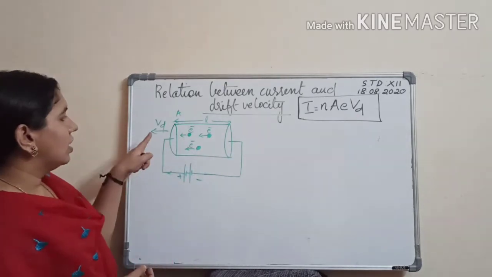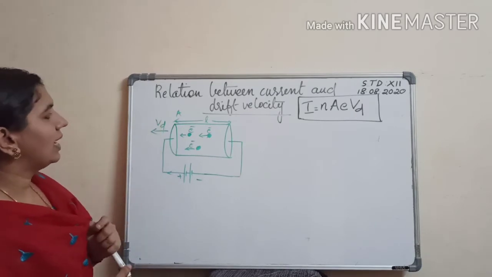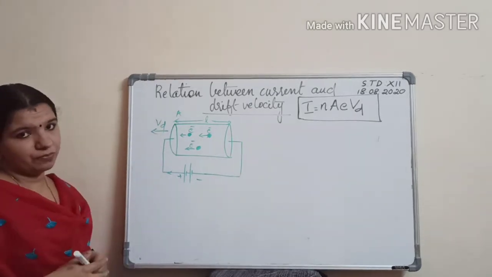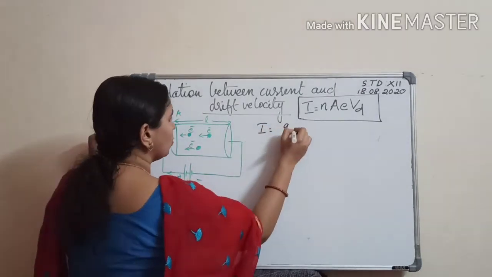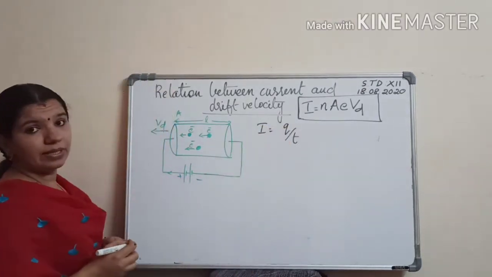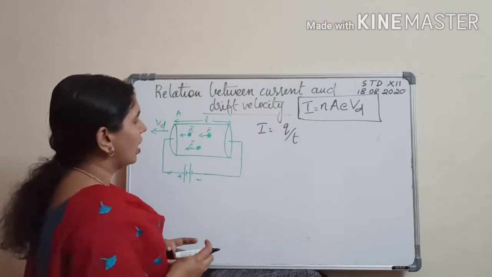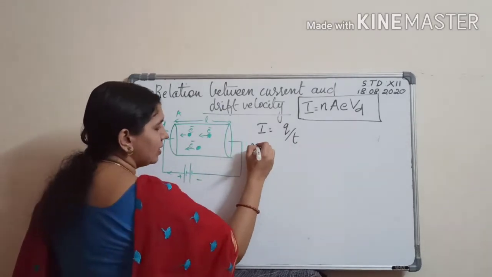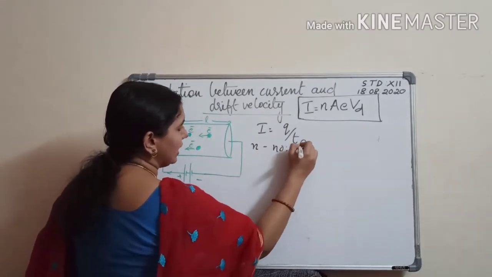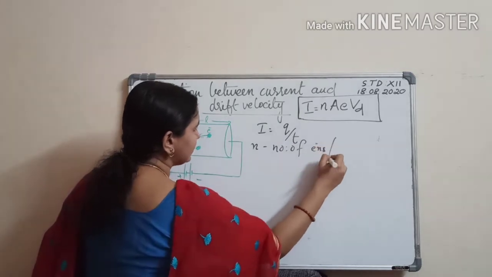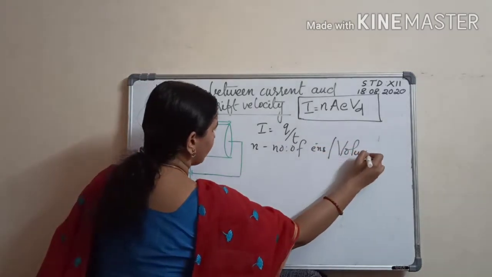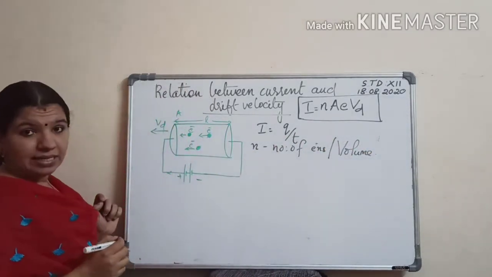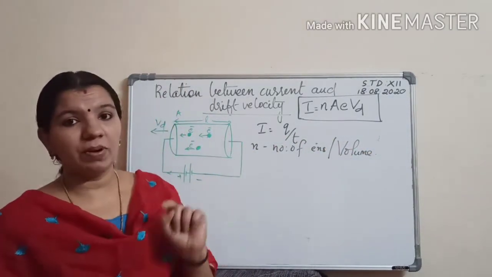Understand? Now, first I can write the general expression for current. What is the general expression? I is equal to Q by t. Let small n be the number of electrons per unit volume.